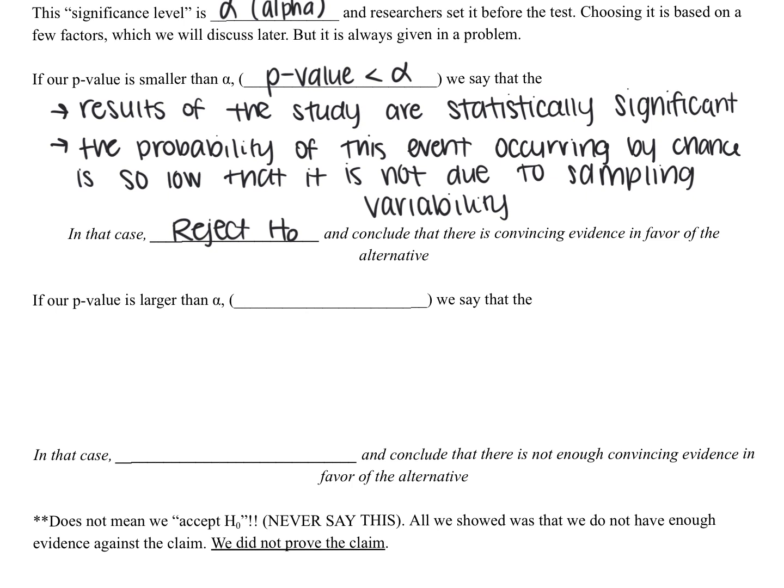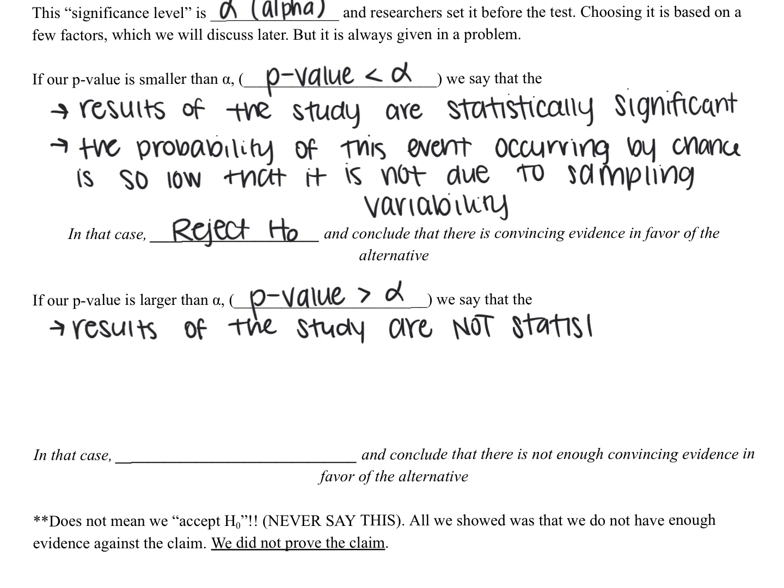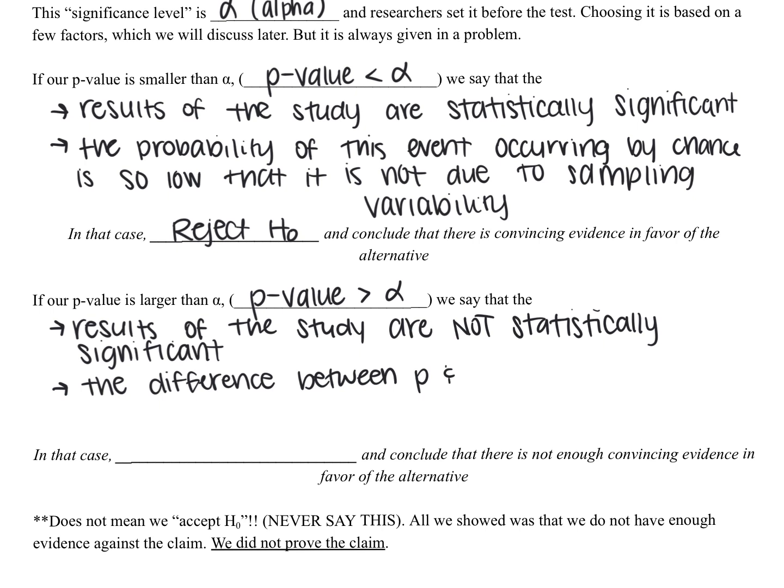So on the reverse side of things, if our p-value is larger than alpha, so p-value is greater than alpha, then we say the results of the study are not statistically significant, which means the difference between p and p-hat can be attributed to sampling variability.